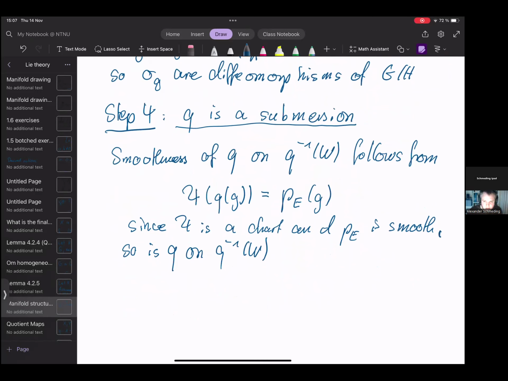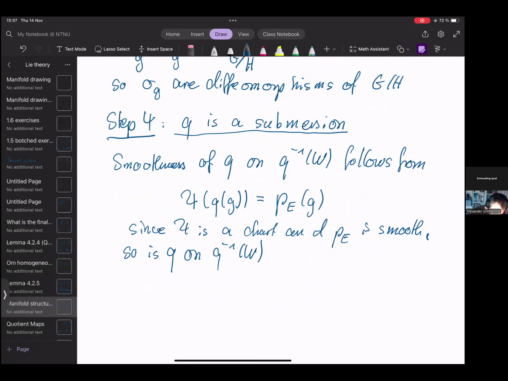Okay, so at this point, let's just compute its tangent map at the unit element. Maybe I should write it like this.